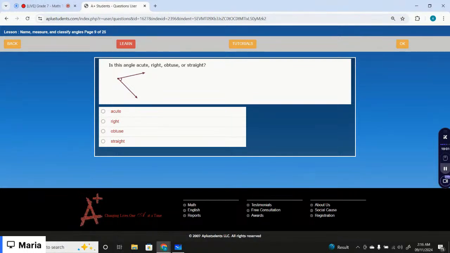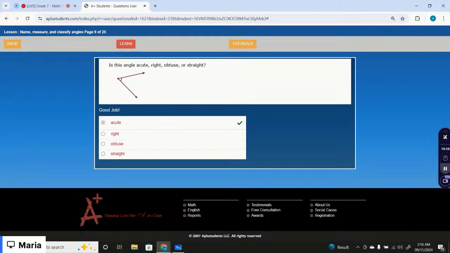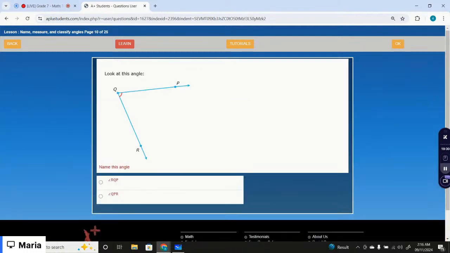Is this angle acute, right, obtuse, or straight? So, which is the correct option? That is the acute angle. Option number 1 is the correct option. Look at this angle. Name this angle.